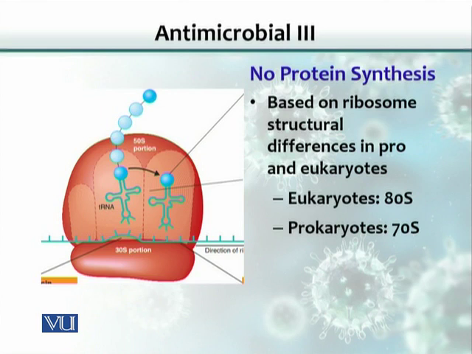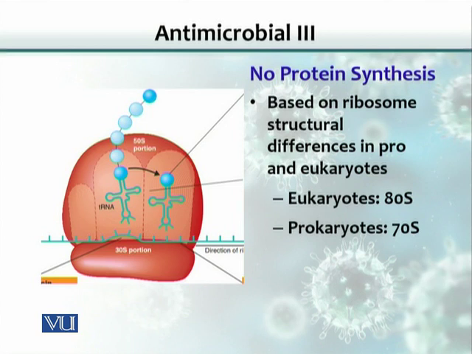So when the growth of the microorganism is stopped, their number is low, and body cells can effectively clear them. That is how bacteriostatic antibiotics work. That means if a person's immune system is not very strong, then bacteriostatic drugs would not work.